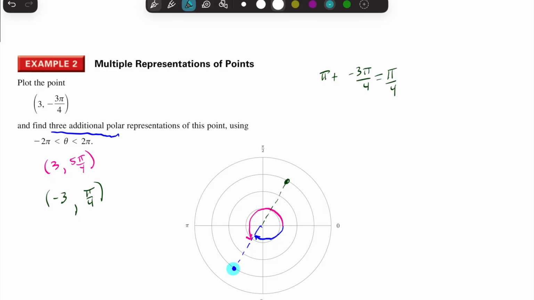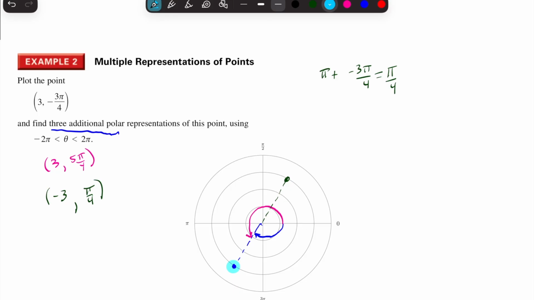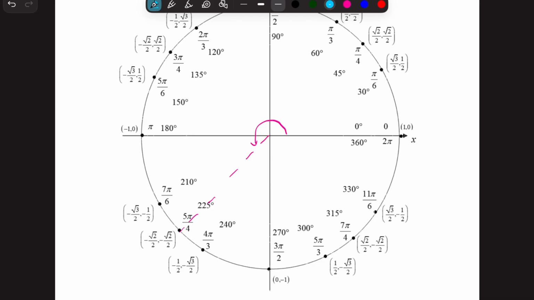And the last thing we do to keep it between negative 2 pi and 2 pi, I'm going to rotate from here all the way around to that green little segment. And then I'm going to make my radius negative again. So my radius is going to be negative 3, but for my angle, we can look at our unit circle. If I rotate in this direction all the way around to here, that's in the negative direction.